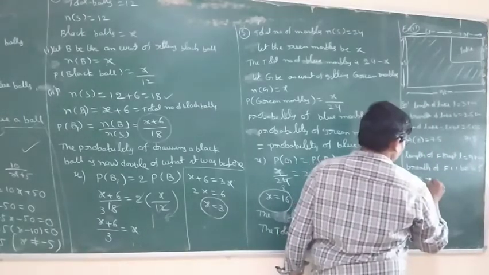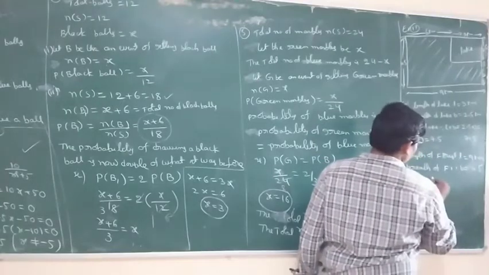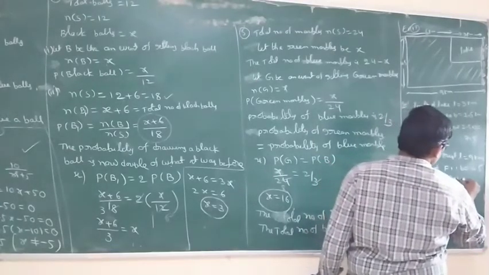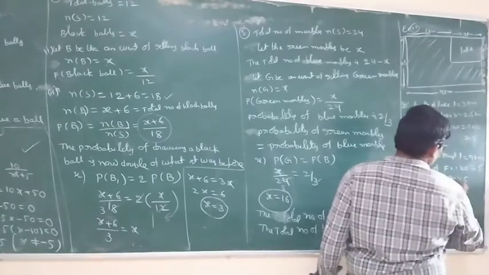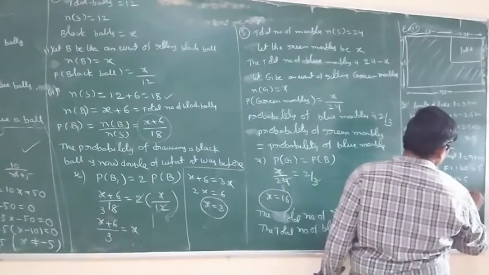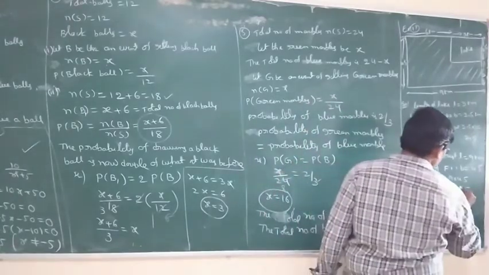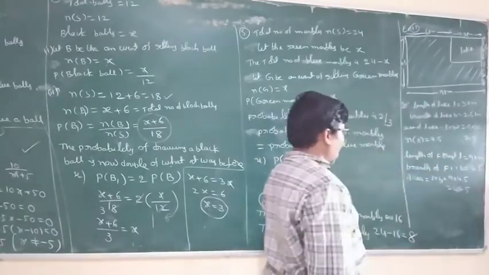Area is equal to L into B, equal to 9 into 4.5. 9 5s are 45, 9 4s are 36, so 40.5.